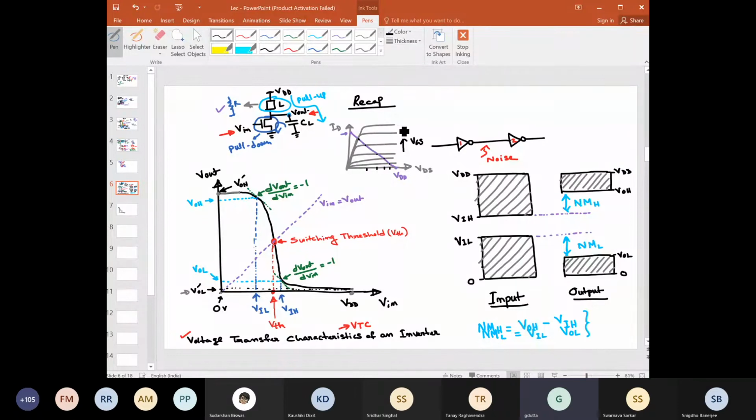After that, if you increase it any further, you will see only a small change, probably here to here. If you consider one more higher curve, there is only a small change in the output voltage. That is how you can draw this VTC graphically, or mathematically if you know the equations. You should be able to draw the voltage transfer characteristics from the equations, right?